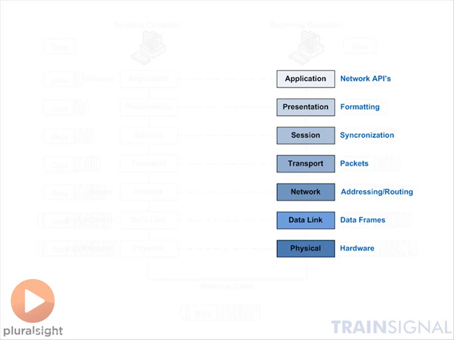The next thing that we need to know about these 7 layers is what happens at each of these layers. What's the purpose of each layer? Before I even start to explain the words that I have listed next to each of these layers, I'm going to tell you there's a lot of gray area here. You can read all kinds of different books, and each one will have a slightly different definition of the purpose of each layer.